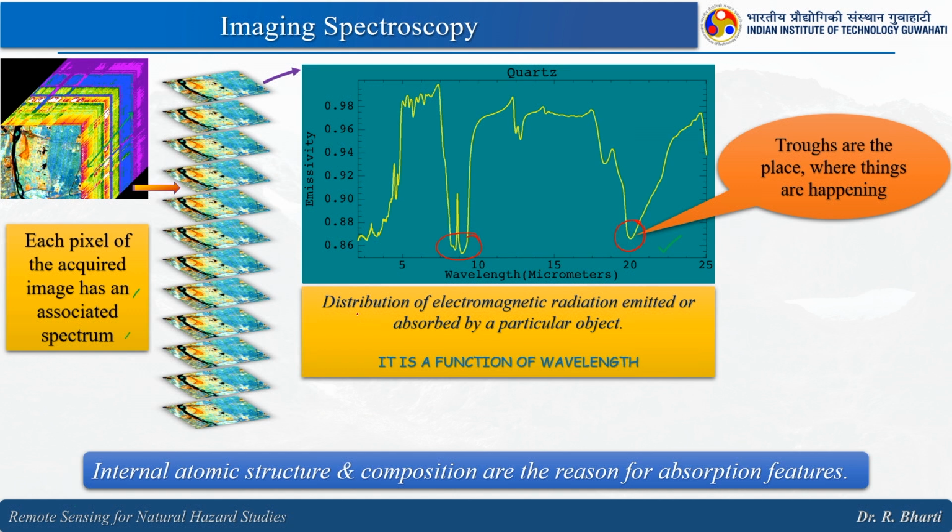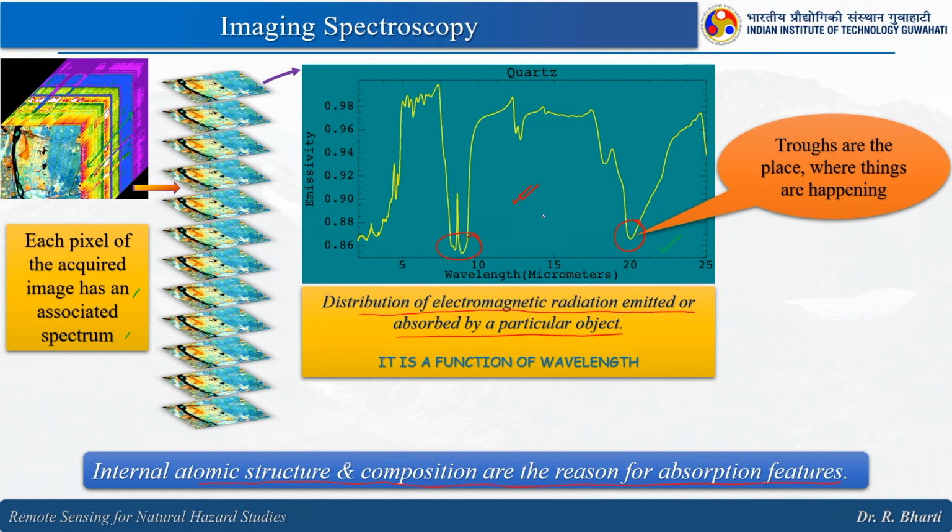So here it says distribution of electromagnetic radiation emitted or absorbed by a particular object, right. So whether it is emitted, reflected or absorbed, we can have this kind of spectral behavior of target material, and this we get because internal atomic structure and composition are the reason for absorption features.